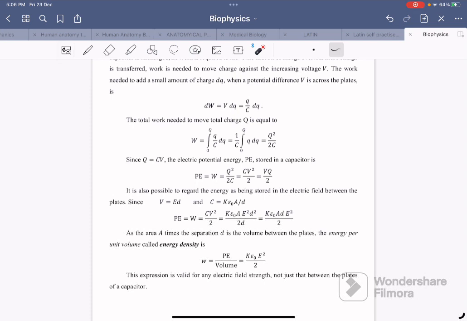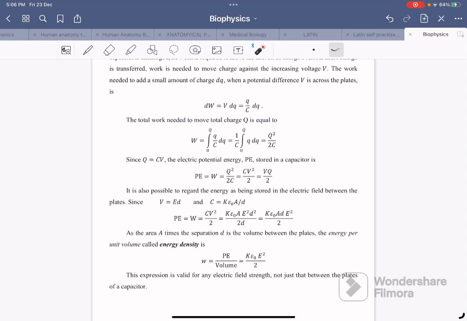So when we divide by volume itself, we get the energy density, denoted by small w. It is quite dissimilar to this capital W. One is the work done, and this one is energy density.